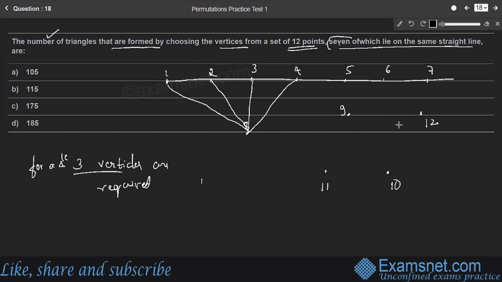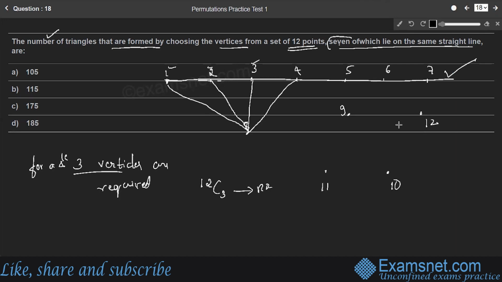So, can we take 12C3 as the number of triangles that can be formed out of 12 points? No, which is not possible, because out of 12 points, 7 points lie on the same line. We cannot take 3 points from these first 7 points to form a triangle, because if you join these points, you will get a straight line.